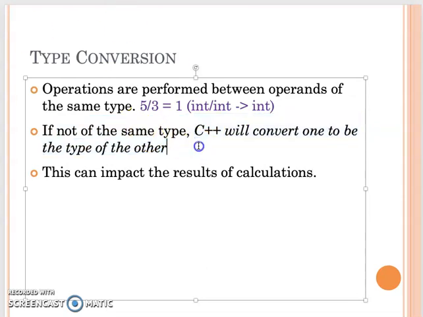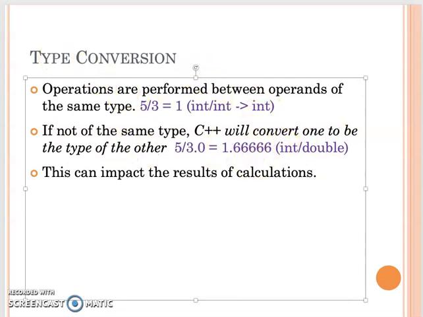On the other hand, if you have 5 divided by 3.0, then this will become 1.66666. Because they are different data types, you have int divided by double, so we promote them to double. So they convert one to another type, and this is what we call type conversion.